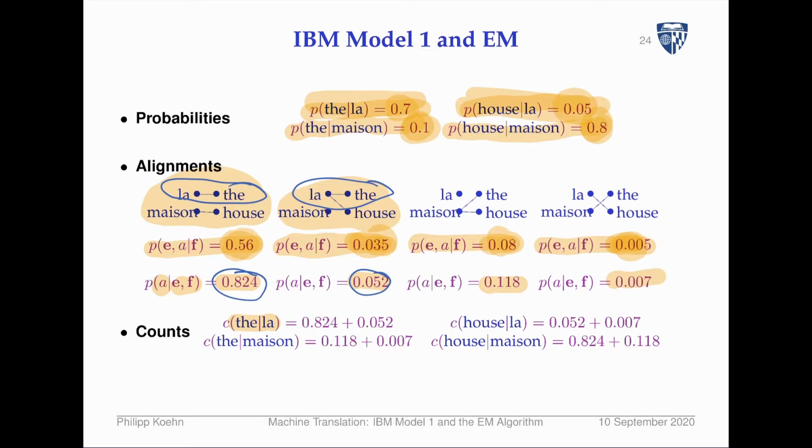These are the probabilistic counts for the and la being linked up. It's not happening here, and it's not happening here. And we're going to do this now for all the other word translation possibilities that exist in the sentence pair as well.